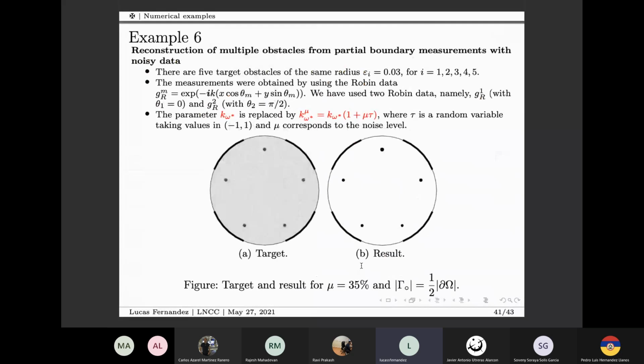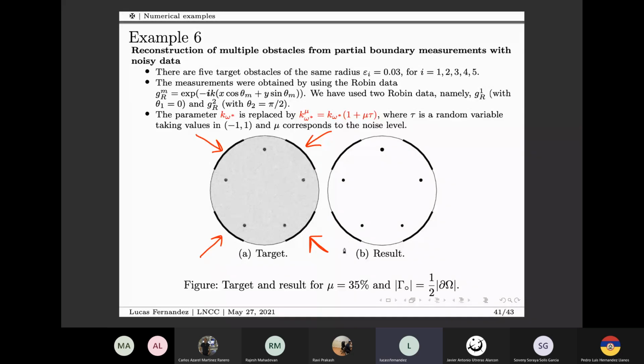And here I have a last example. We reconstruct 5 obstacles of the same size from partial boundary measurements. It means we collect information about the domain in these 4 parts of the boundary, represented by thick black lines here.